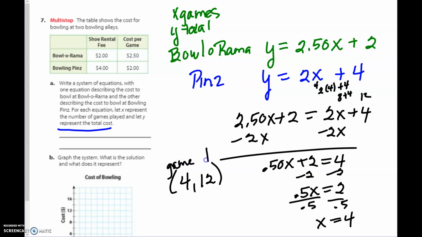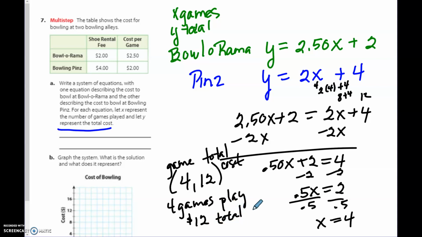And this is the total cost. So when are these two bowling alleys going to be the same? They're going to be the same when 4 games are played. And the cost of playing 4 games is $12. Okay, so $12 is your total cost for bowling 4 different games.